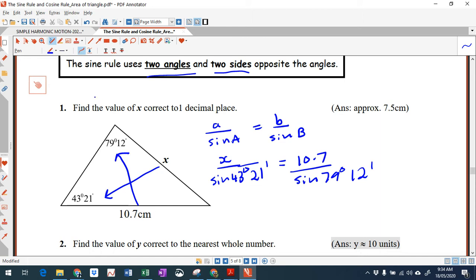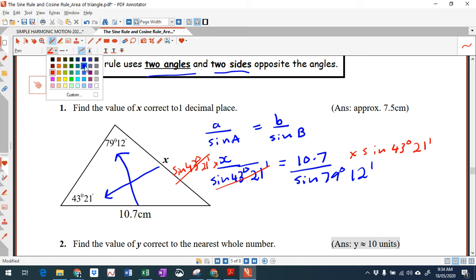Now to get x by itself, I've got to get rid of the denominator here. So I'm going to multiply both sides by sine 43 degrees 21 minutes. Once you've done that, you can cancel this numerator with this denominator.